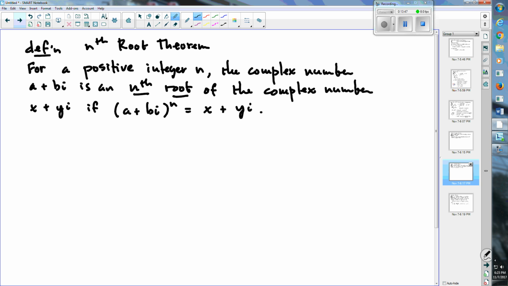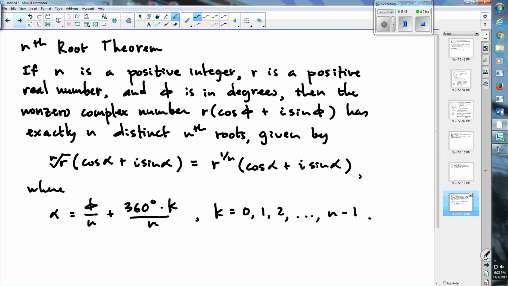Going on to the theorem, the nth root theorem says if n is a positive integer, r is a positive real number, and phi is in degrees, then the non-zero complex number r times cosine phi plus I sine phi has exactly n distinct nth roots given by the nth root of r times the cosine of alpha plus I sine alpha, equals r to the 1 over n power times cosine of alpha plus I sine of alpha.